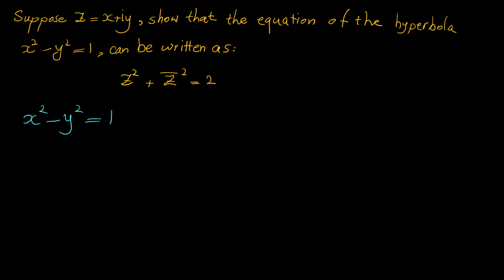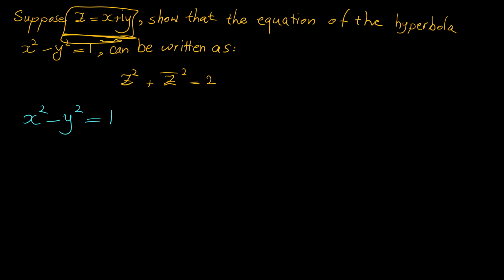First of all, we note that we have to get rid of x and y. We don't like to have x and y in our equation. If you pay attention to here, we don't have any x and y. It is just z. So we have to think of a relation that relates x and y. Attention, z is related to x and y by this equation.